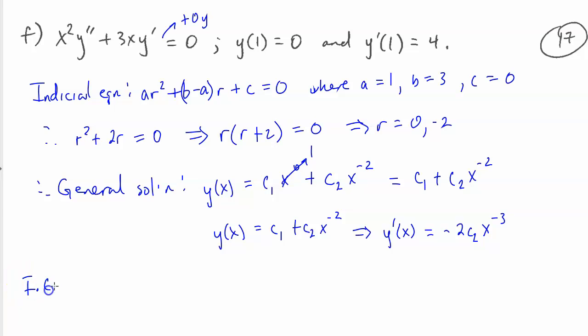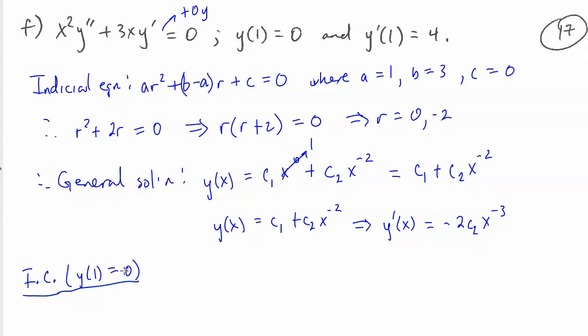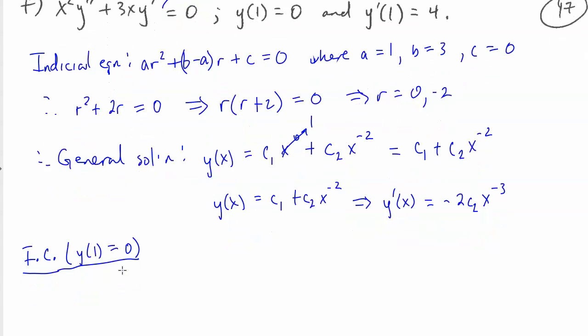So now we are going to look at our first initial condition. When x is 1, y is 0. So looking here, for our general solution, we're going to let x equal 1, let y equal 0. So this will be 0 equals c1 plus c2, and then in place of x, we have 1 raised to the -2.